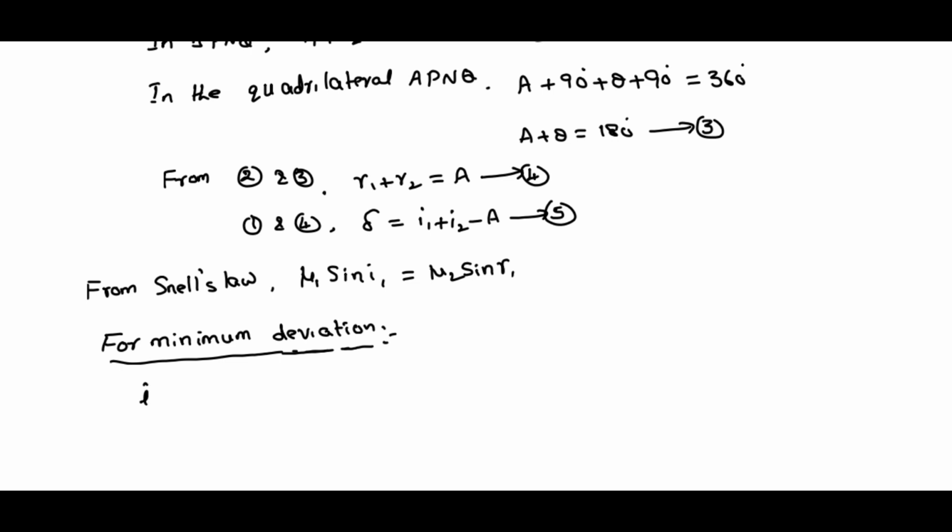We will have I1 is equal to I2, we can name it I. R1 is equal to R2, that is equal to R. And the refracted ray PQ will be parallel to the base BC. And from equation number 4, we have R1 plus R2 is equal to A. From that, R is equal to A by 2.